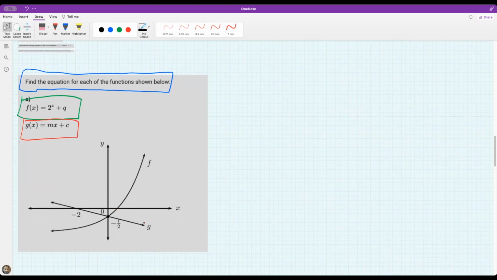Yeah, I'd start with the straight line. And to find the equation of the straight line, you're probably just going to use the x-intercept and the y-intercept. So I'll even write down those 2 points for you, minus 2, 0 and 0, minus a half. So find me the equation of that straight line.